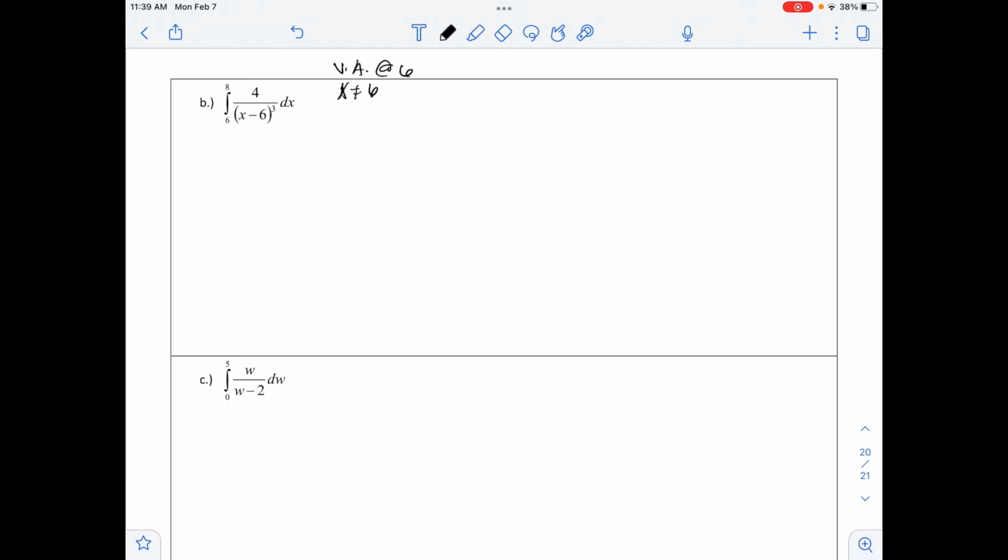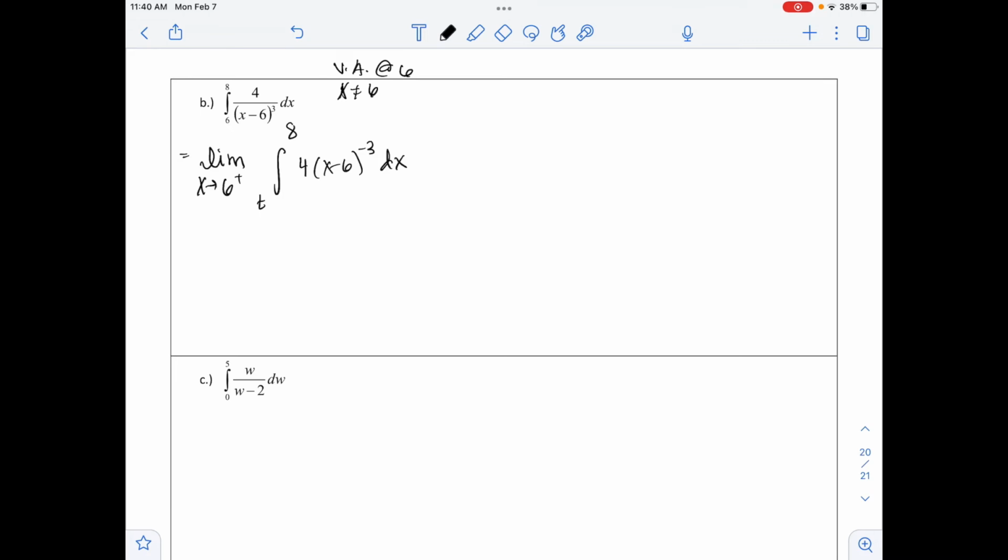So we're going to rewrite this as the limit as t approaches 6, and this time we're on the right, so I'll put a plus sign there, of the integral from t to 8 of, and this is the same thing as 4 times (x minus 6) to the negative 3rd dx.